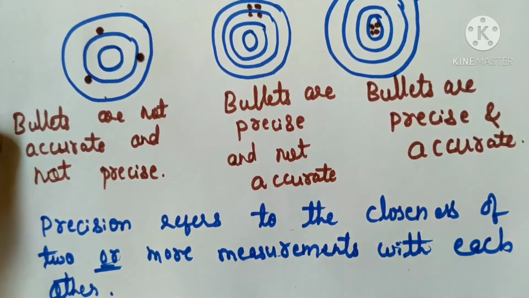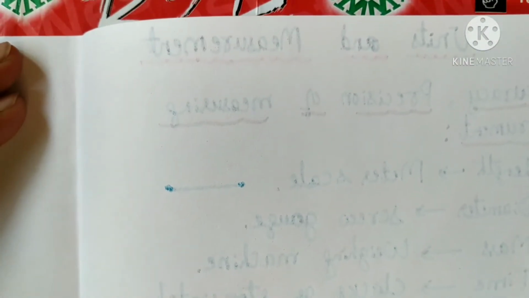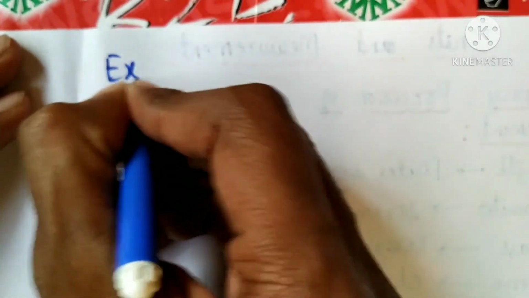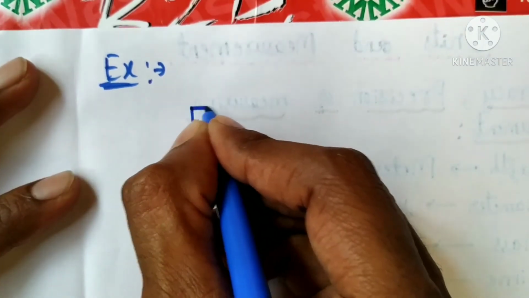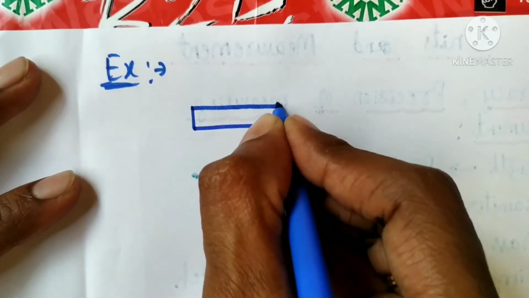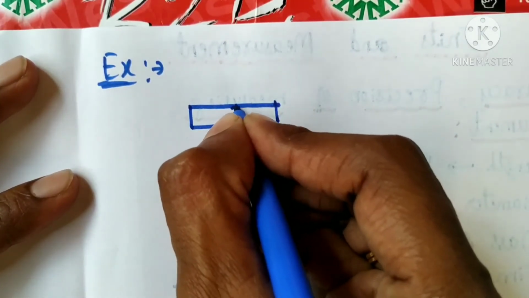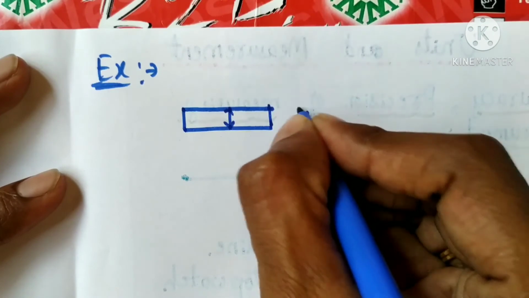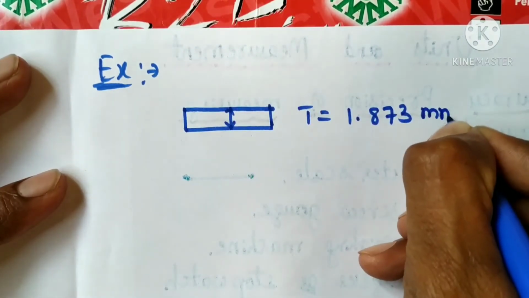Okay, so we can take one more example. Now let me take one more example. The second example, what I will do, so in the second example, let me take another example. So let us imagine there is an object, and there is a wooden block and it is having a thickness of, let me say, 1.873 millimeter.